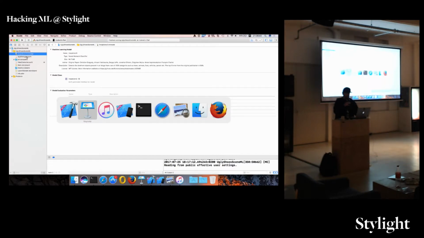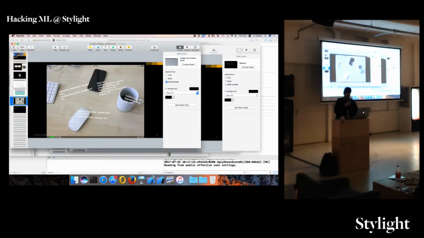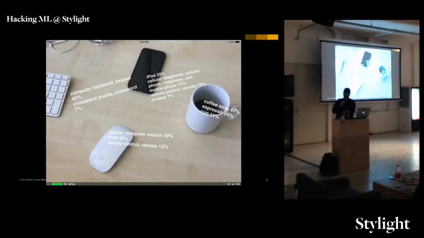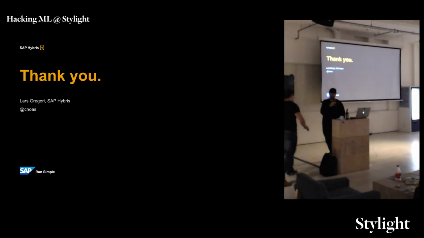This was an example, and it's also running on the iPad. So if someone wants to see it later on, I have the coffee cup with me. I think that's it.